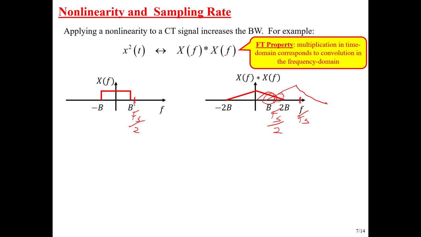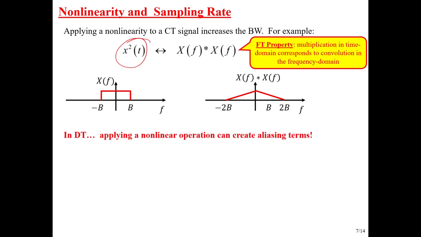So if we were to do this squaring on a discrete time version of this signal, we would get a spectrum in the discrete time world that does not look like this triangle. In fact, it would come down. So if this is fs over 2, it would come down to somewhere around here and then level out flat. So there's aliasing, and that might not sound good. It's not what we're trying to accomplish with a squaring. So that's a problem.